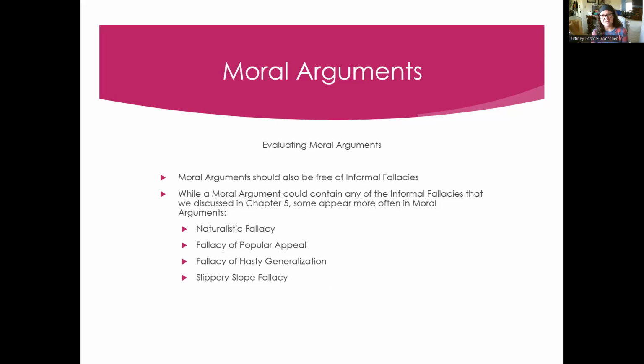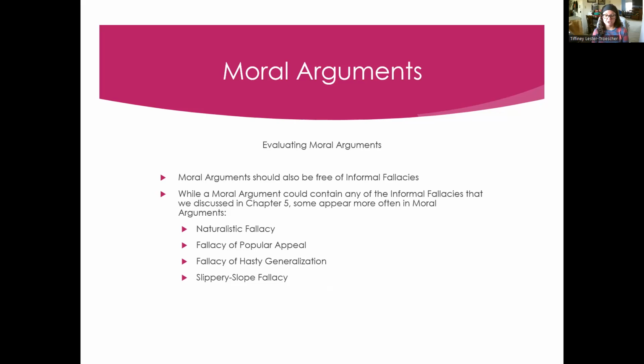Remember, rhetoric can be there, right? The ones that show up a lot, though, in moral arguments are the naturalistic fallacy, where because it's natural, it's good. This can show up. Let's look at the legalization of marijuana. A lot of people will support the legalization of marijuana by saying marijuana is natural.